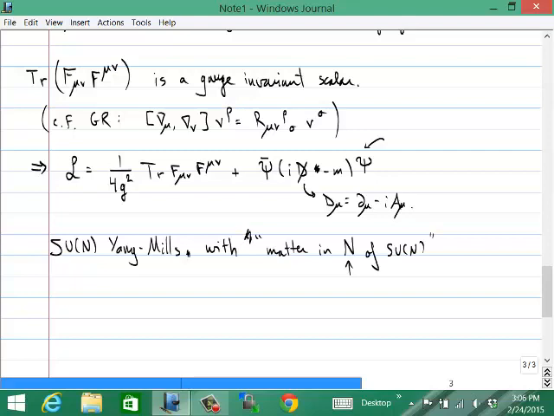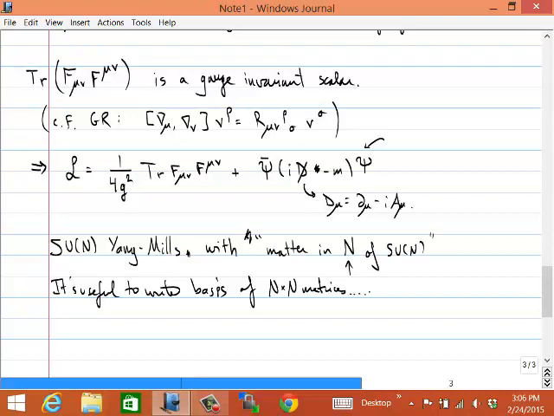Okay. So far, we've written everything abstractly in terms of N by N matrices. But it's useful to write out explicitly the indices of these N by N matrices.